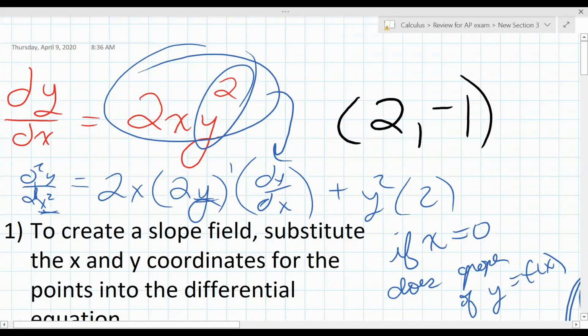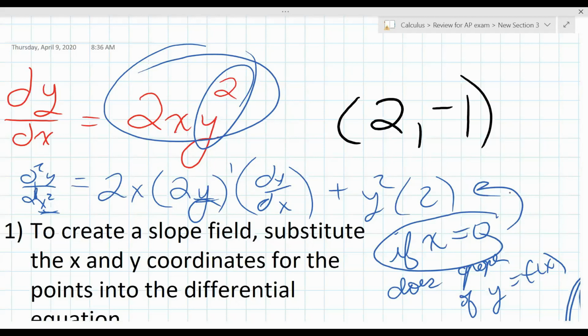A function is concave up if what's true in terms of the second derivative? If it's positive. So look at this. When x is 0, will that be positive or negative? Will it be positive because it's y squared?